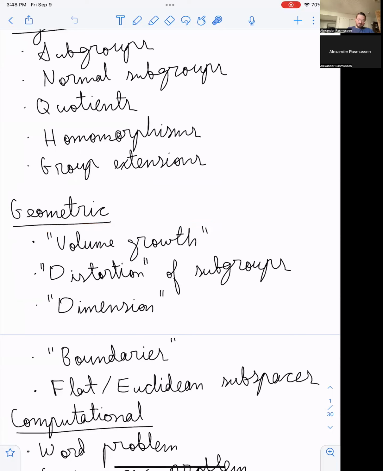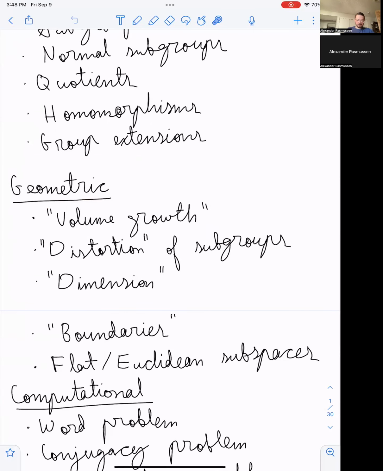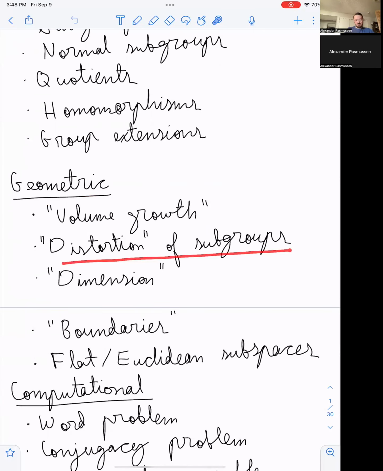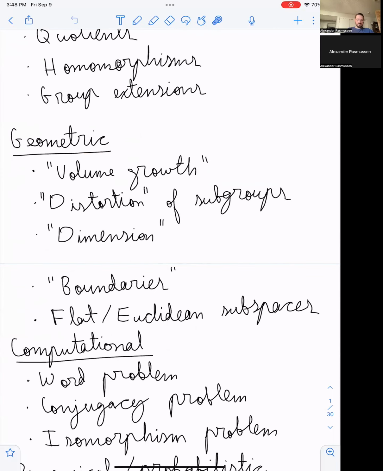So if you have balls in your space and you allow the radius to grow, how does the volume of the ball grow with the radius? You can ask about distortion of subgroups. So is the geometry of a subgroup nicely reflected in the geometry of the group containing it, or is the group kind of distorted, kind of wrapped up in some way?